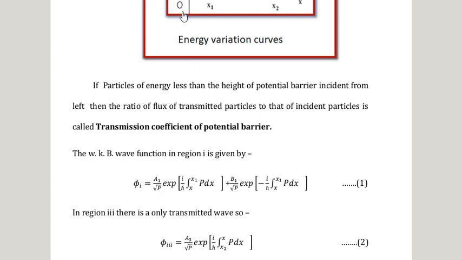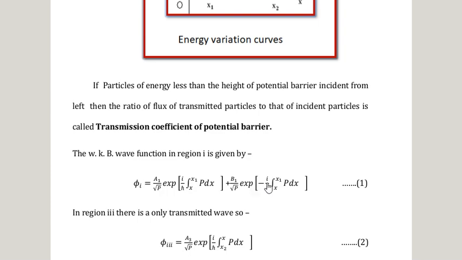In the first region, the potential energy is less than total energy, so it is a classical region. So the wave function is oscillatory: e to the power i upon h cut integral x to x1 p dx, that means oscillatory. That also means oscillatory.